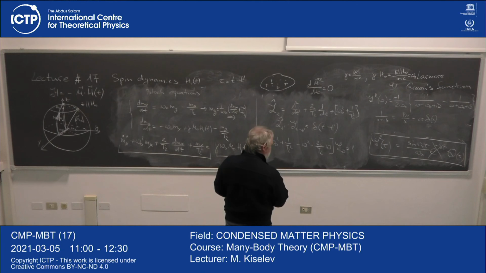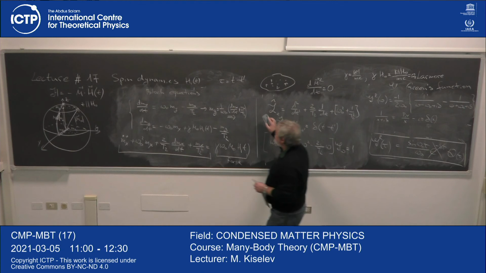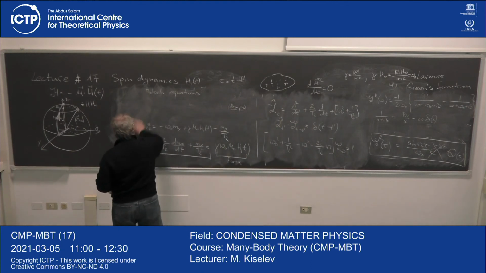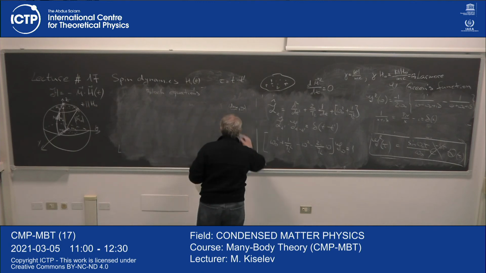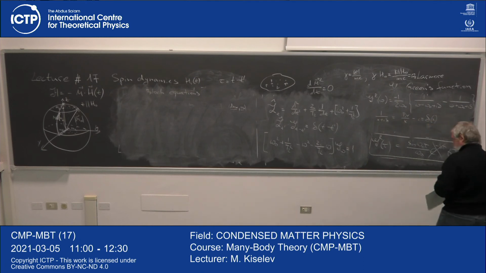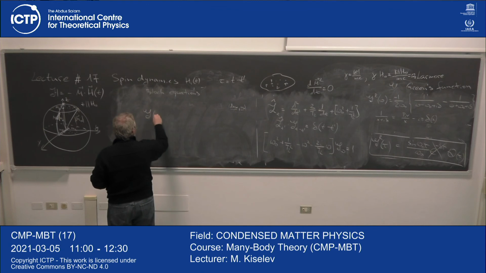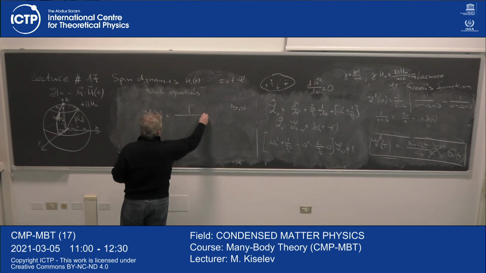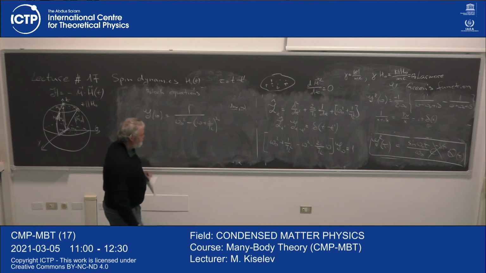Therefore, my Green function G(omega) is equal to 1 divided by omega naught squared minus (omega plus i over T2) squared.